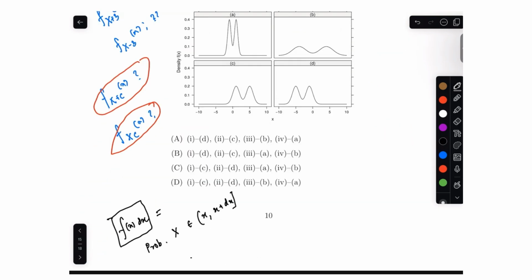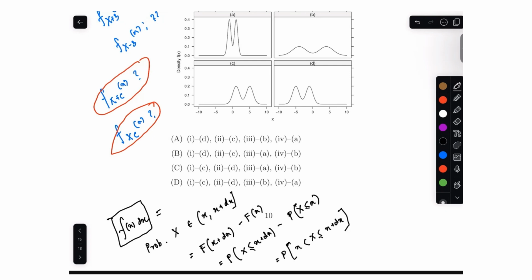And if you want to do it in terms of the CDF, it's nothing but F(x plus dx) minus F(x). Why? Because the CDF is the probability that X is less than or equal to x plus dx, minus the probability that X is less than or equal to x. If you subtract, you get the probability that X is between x and x plus dx. So that's exactly what you get.